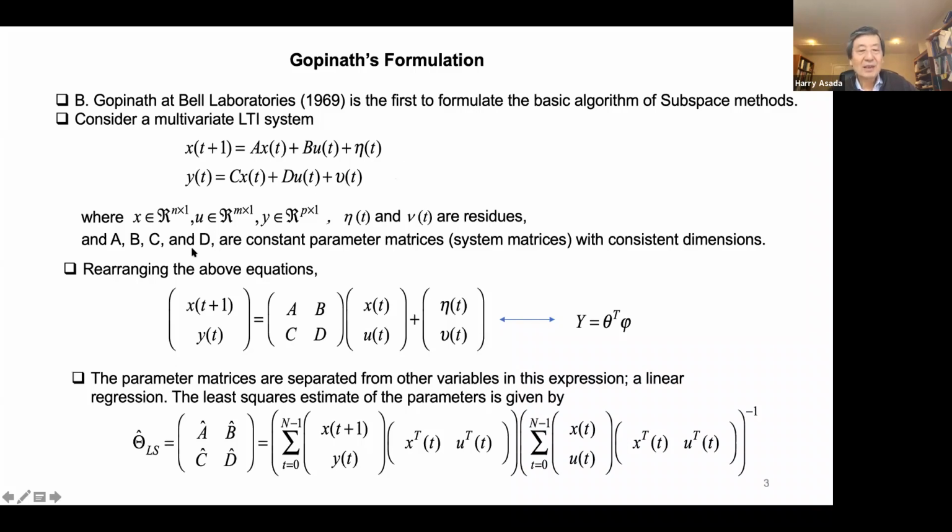So as I said, rearranging these two equations, we can write this one this way. I know this one is a type of linear regression, although this ABCD is basically a matrix, not a vector like this theta.